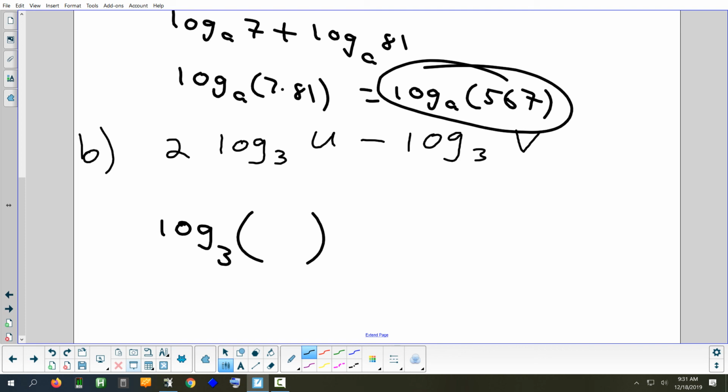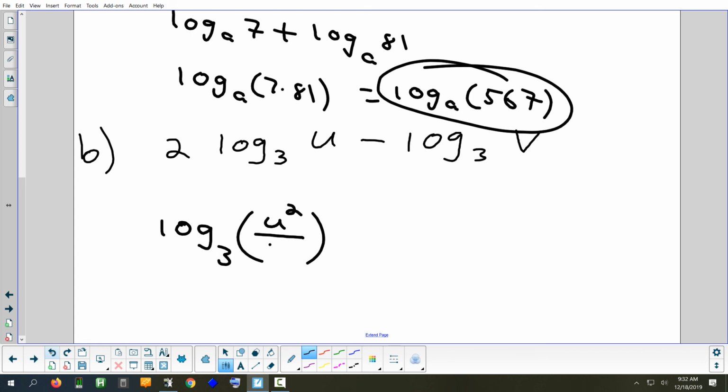Yep. Well, it would be v to the third if you had something like that. But we don't have a 3 to put back as an exponent there.